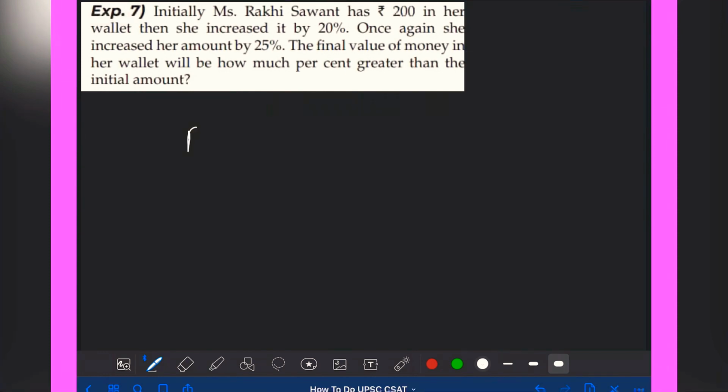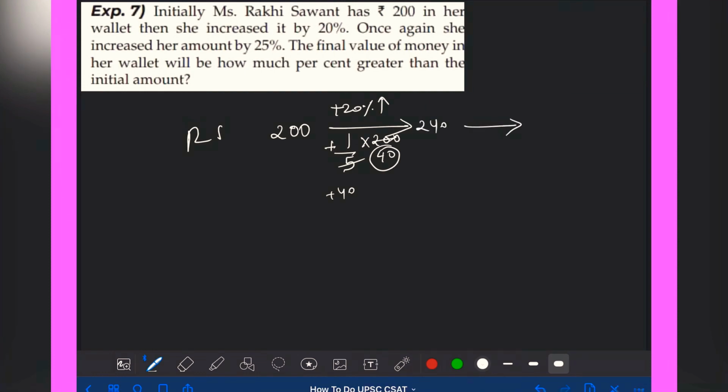Initially, Miss Rakhi Sawant has 200 in her wallet. Then she increased it by 20%, plus 20%. 20% means 1 by 5, plus 1 by 5. So plus 40 we will do. So 240 it has become. Then once again she increased her amount by 25%. 25% increase means 1 by 4.